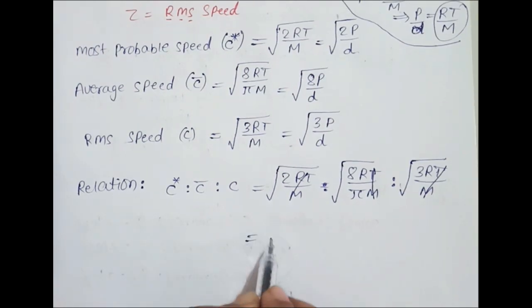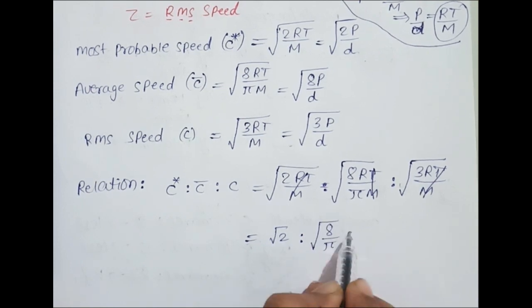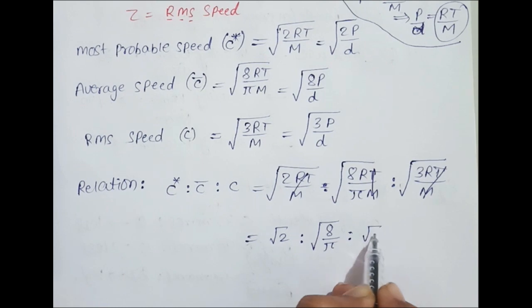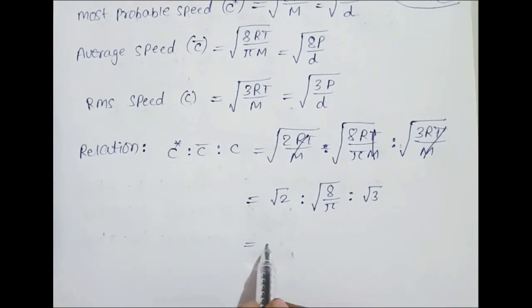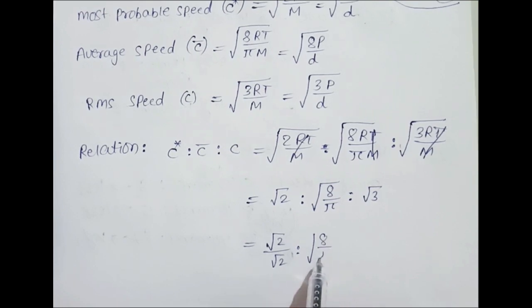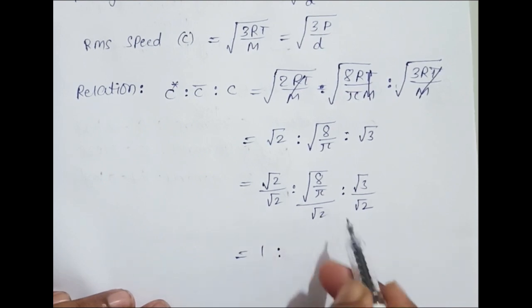What is left? Root 2 is to root 8 by pi is to root 3. So we can divide the whole equation by root 2. You will get root 2 by root 2, then root 8 by pi divided by root 2, and root 3 by root 2.